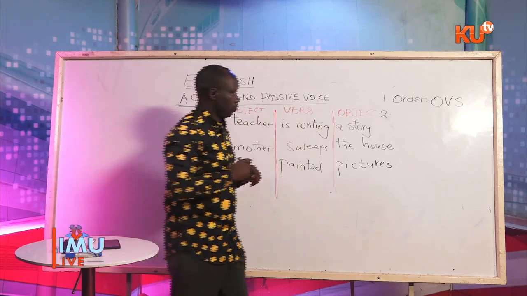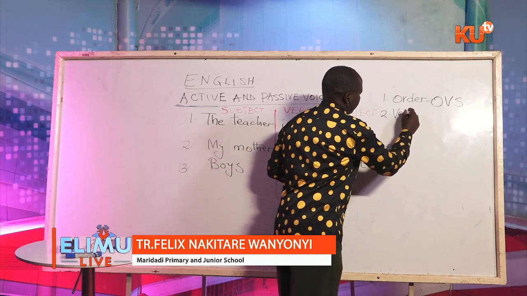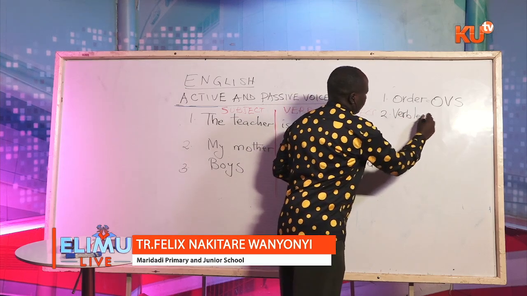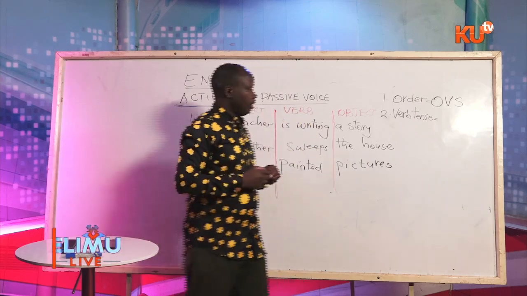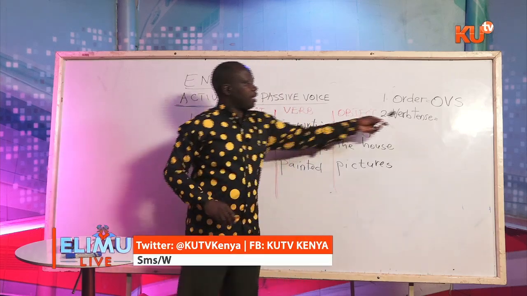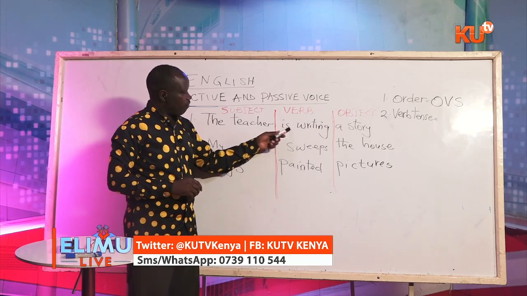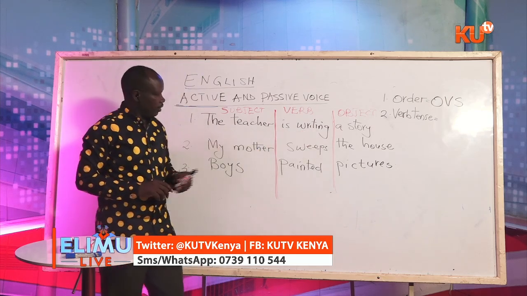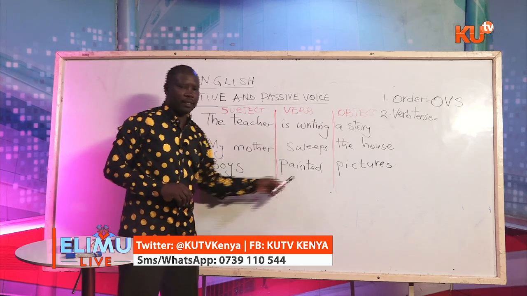The second rule, while changing from active to passive voice, is the verb. The verb tense. How should be the tense of the verb? That is the action. Like here we have writing, here we have sweeps, and here we have painted.